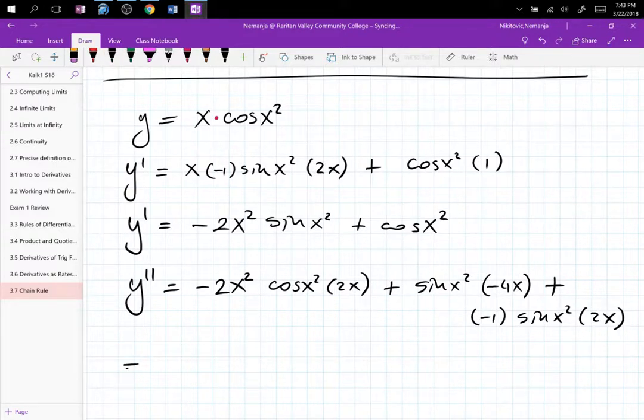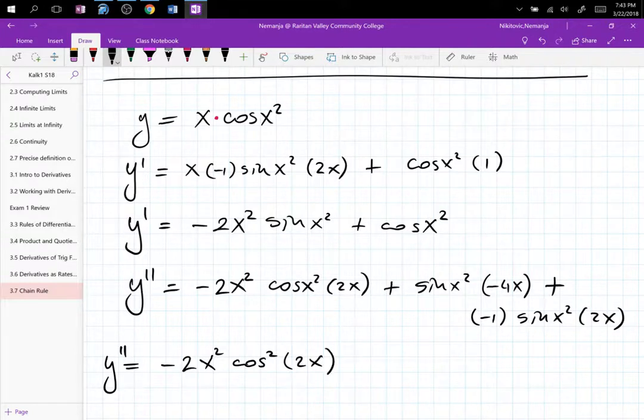Great. Let's fix this. I have negative 2x squared cosine x squared times 2x. And then this is minus 4x, and then minus 2x is minus 6x sine x squared.